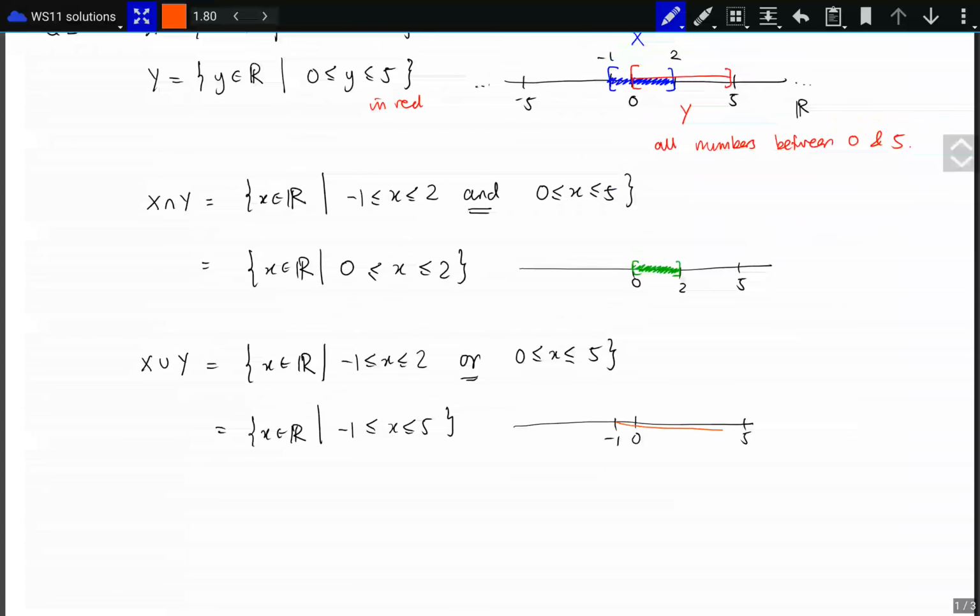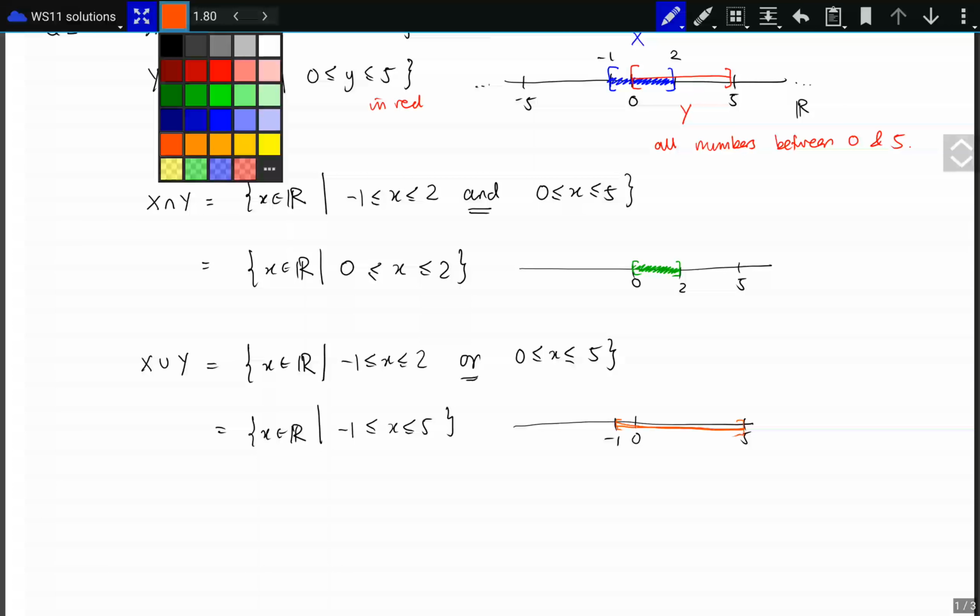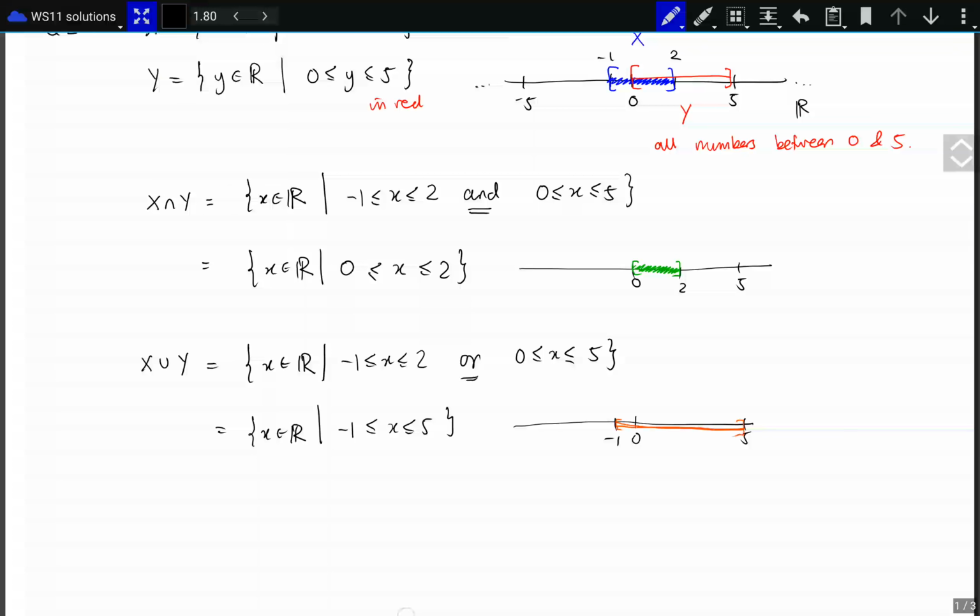So it's all of those, including the endpoints. Now, perhaps the most subtle one is the set difference, x minus y.